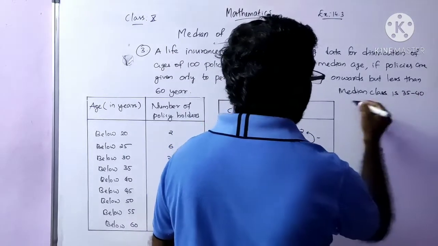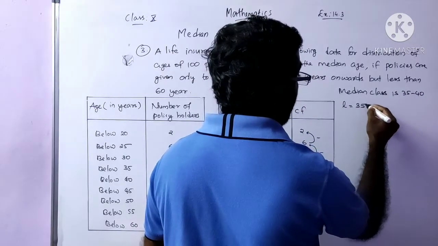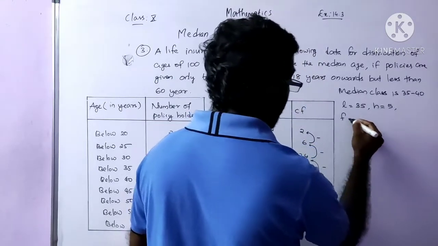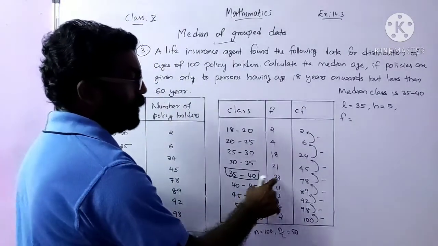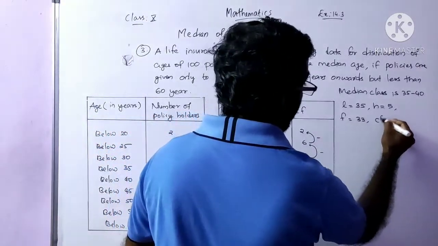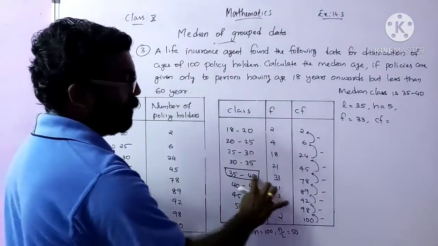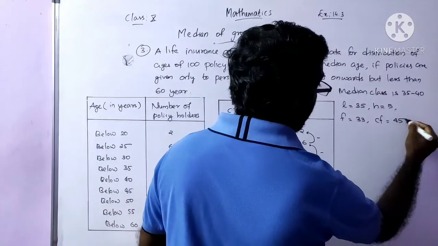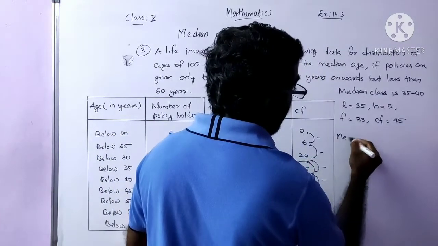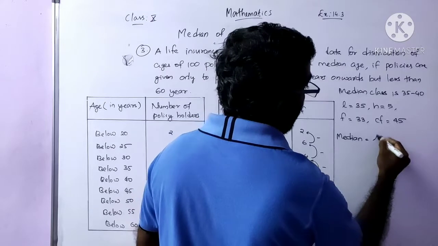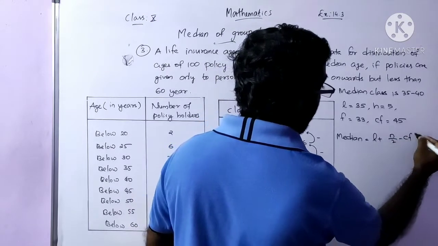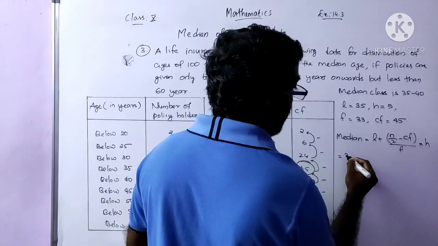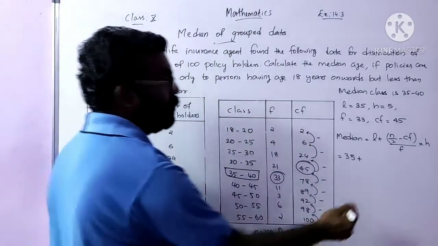So here the median class is 35 to 40. From this we can write the lower limit L is equal to 35. H, class size, is equal to 5. Then the frequency of the median class is 33. Cumulative frequency of the class preceding the median class is 45. So we can write median is equal to L plus n by 2 minus CF divided by f into h. So here 35 plus n by 2 is 50.